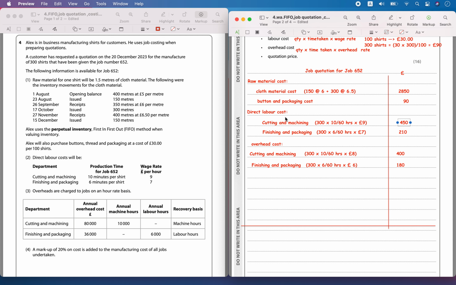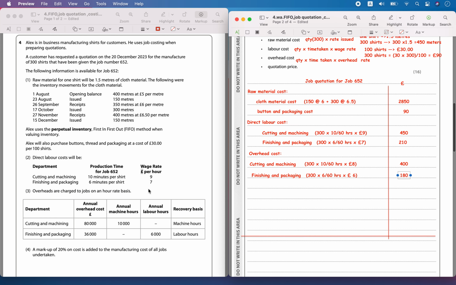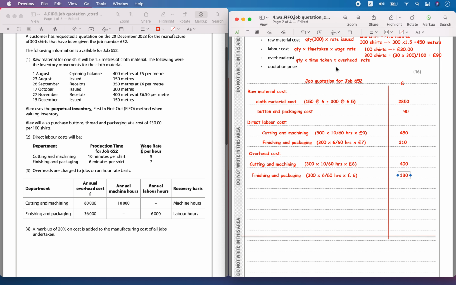Now let's add up all of this cost. I have the raw material cost, labor cost and overhead costs. Let's add up all of this and then calculate the quotation price. First let's add up this.